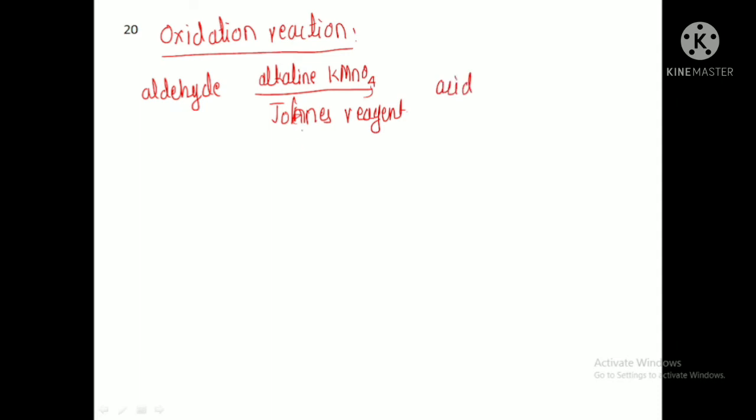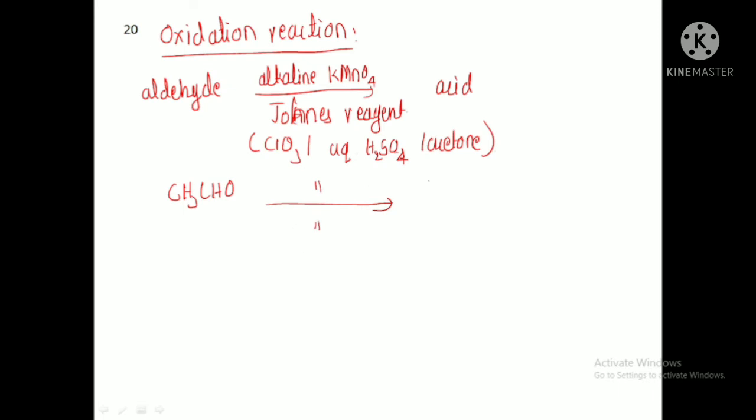Acid formation will take place on oxidation of aldehydes. What is Jones reagent? That is CrO3 in the presence of aqueous H2SO4 and acetone. If I take the aldehyde CH3CHO, on oxidation with the same reagent you will get CH3COOH, that is acetic acid. So aldehydes on oxidation will give acids.